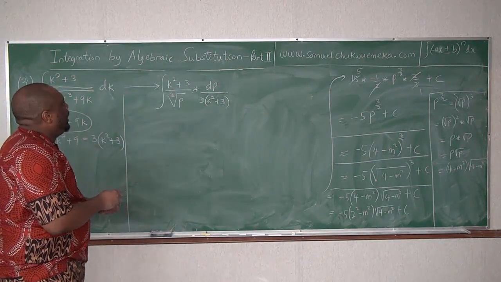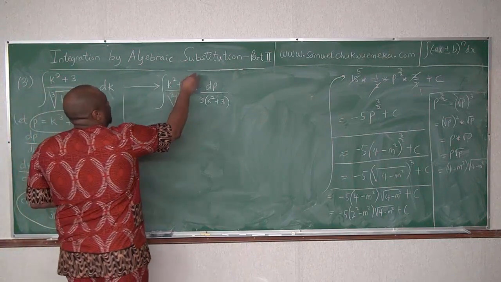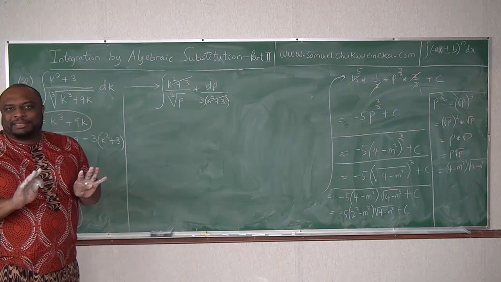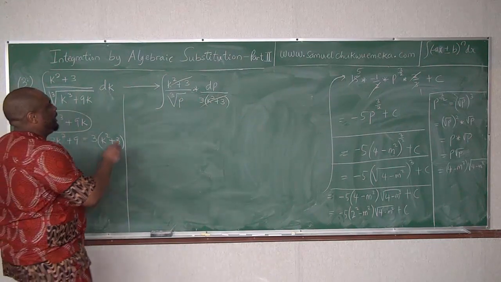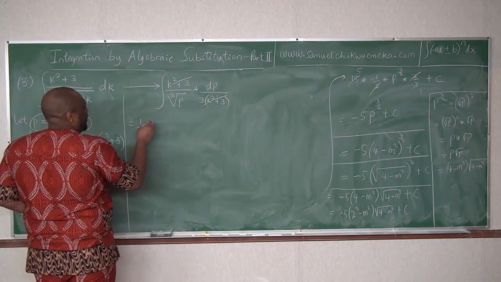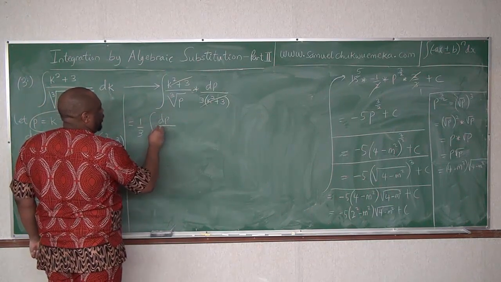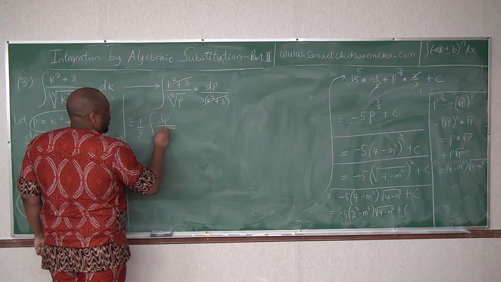Now I cross out, and I don't like constants, so let me bring out the constants. So this is 1 over 3 times the integral of dp over the cube root of p.